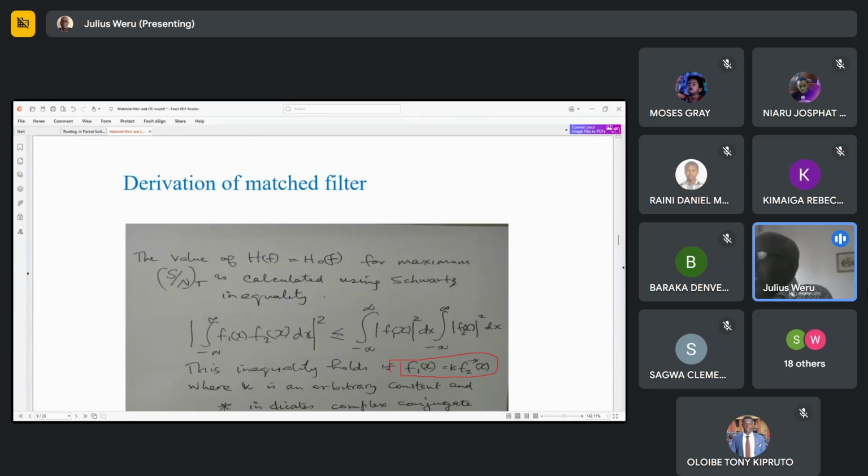It will always be equal or less than getting the modulus of f1 squared and integrating with respect to x, multiplied by doing the same for the second function. So this inequality holds.